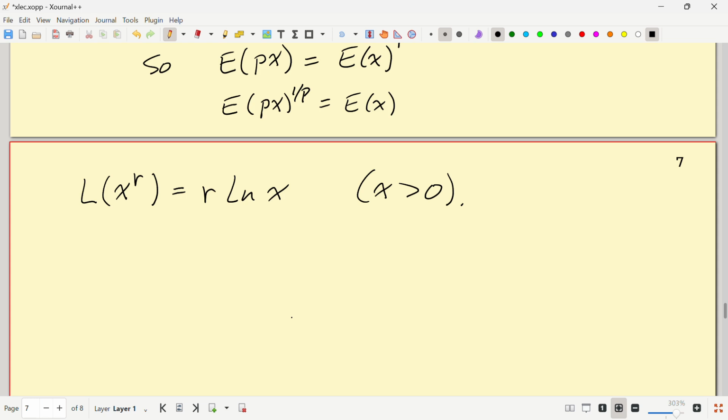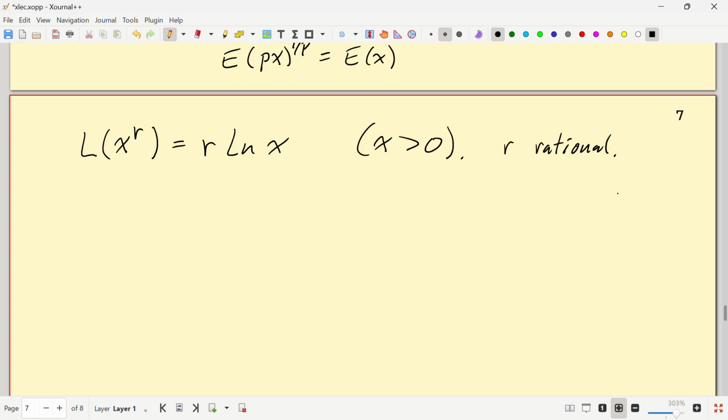In calculus books, you would do this if r is rational, and then you would fill that in by continuity. Well, we don't know what x to the irrational thing is yet. Anyway, it's a fun game to play. I'm getting tired of playing games today.